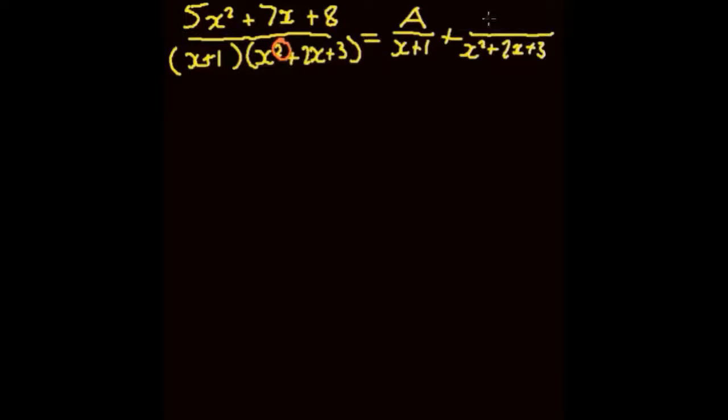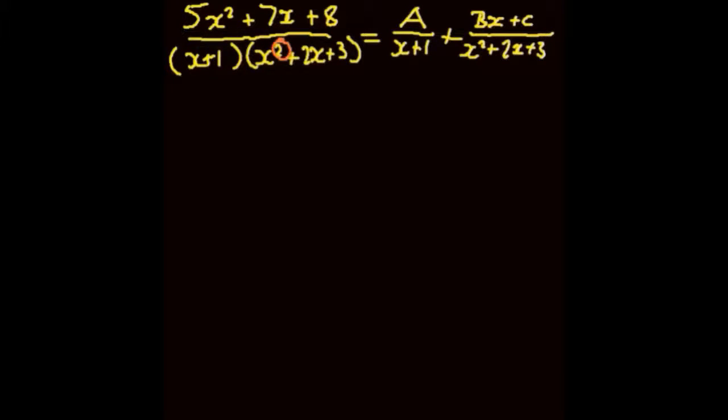On the top I need to have an order below that, so it's going to be bx plus c. And if this was x cubed plus 2x squared plus 2x plus 3, then on the top I would have had to have an order below that, which would have been bx squared plus cx plus d. But in this case this is all we need, and as you can see there we have three unknowns. We've got a, we've got b, and we've got c.